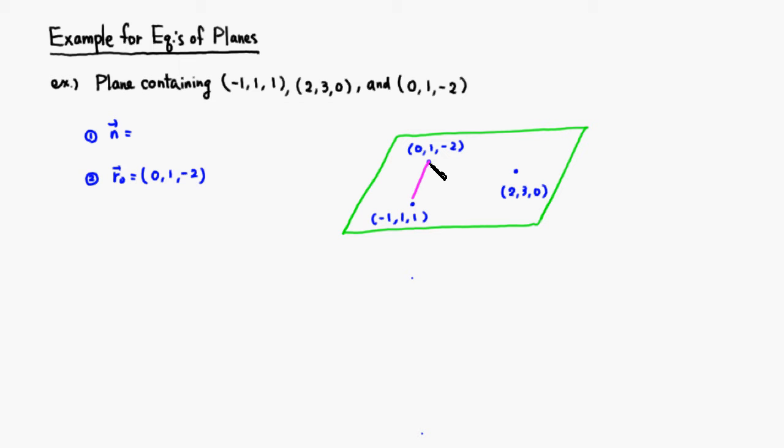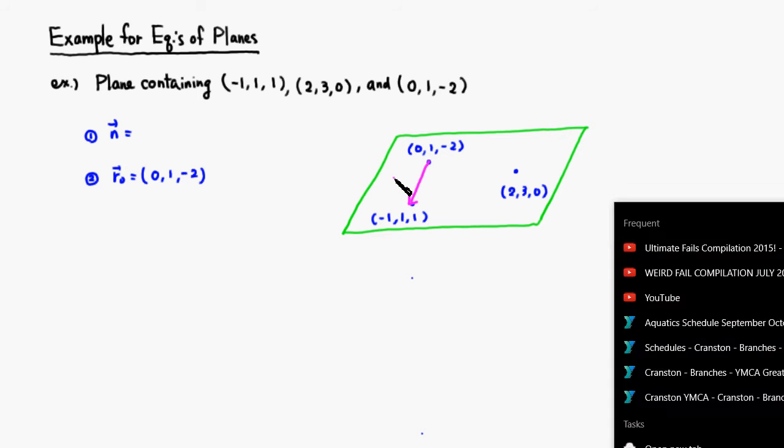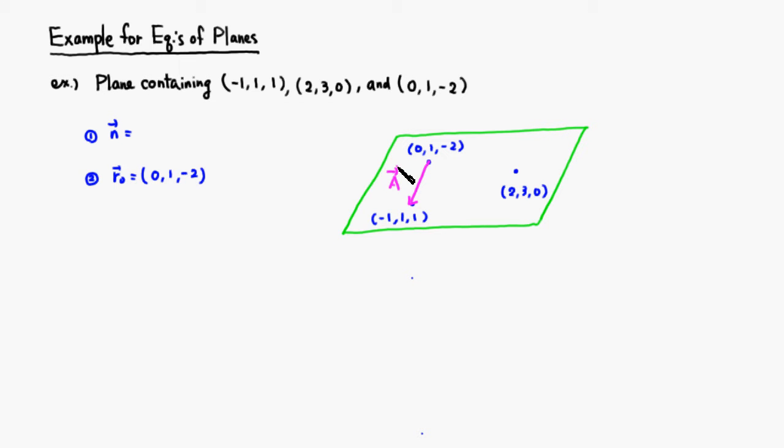Here's one, let's call it vector A. The other one goes from (0, 1, -2) to (2, 3, 0), so let's call it vector B. We are interested in a normal vector which has to be perpendicular to both A and B. A vector that is perpendicular to both is the cross product, so let's take vector A cross vector B.